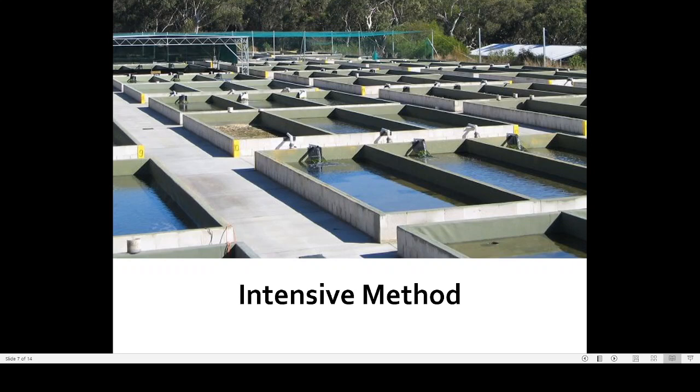The advantage is that this is a long-lasting method, so we can grow fish, and we can also monitor the quality of the water. Here you can see that there will be oxygen units and filtration units. All these will be present. We can also walk through the space in between, and we can also give them feed.